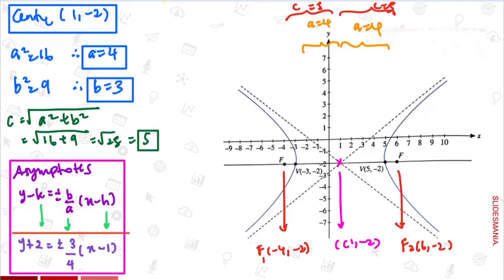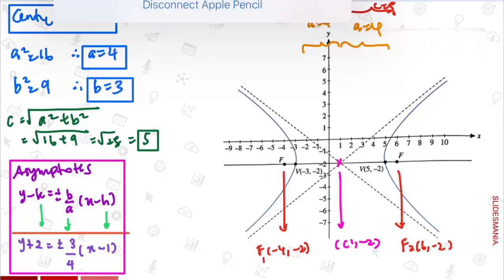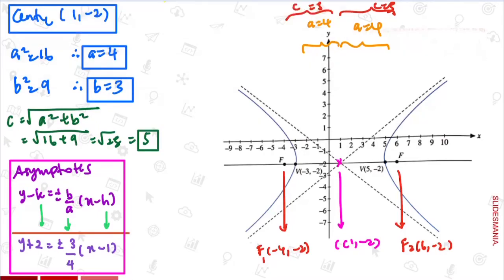Next, we will utilize the value of b. Your b is 3, so we'll use b in order for us to find the co-vertices. So when you go up from the center by 3 units and go down from the center by 3 units, that is the value of b. So let's connect this from your vertices, go up by 3 units and go down by 3 units.